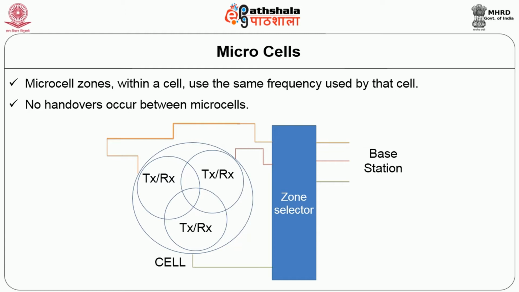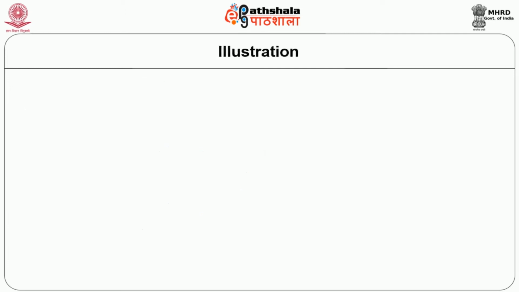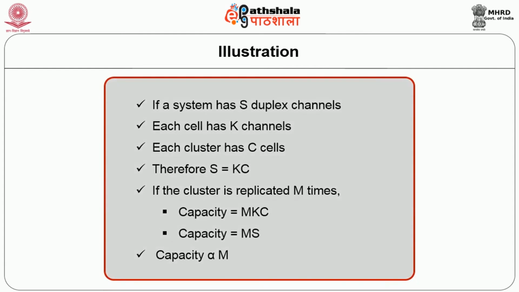So, we have seen how a cluster can be used for frequency reuse, what the distance between the co-channel cells is, and how the capacity can be increased by using clusters of different sizes. Just look at an illustration. Now, suppose a system has S duplex channels and each cell has been allocated K channels. Each cluster has how many cells?